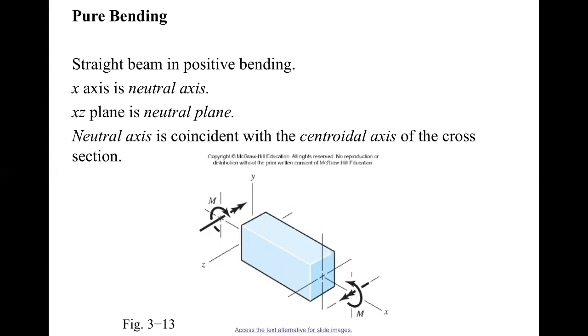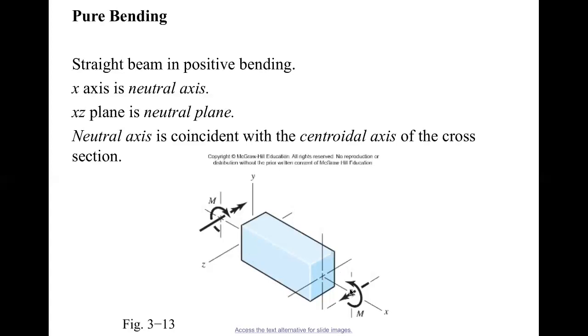If you look at the different cross-section areas, for the beam we can define a neutral axis, which is X. The X-axis is called the neutral axis. This is the X direction, this is the Y direction, and this is the Z direction. The XZ plane is the horizontal plane, and we call it the neutral plane.